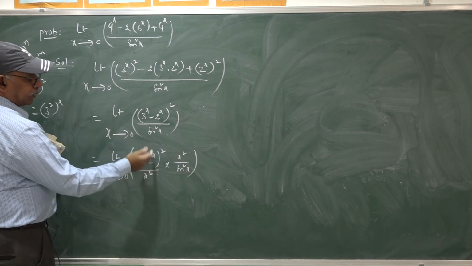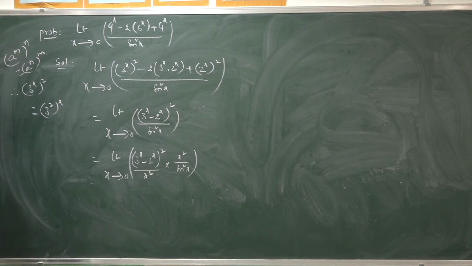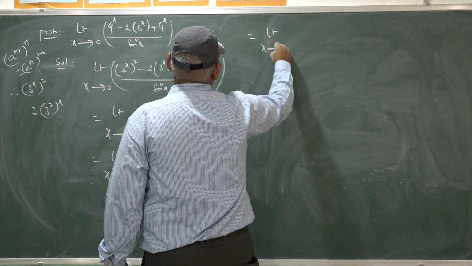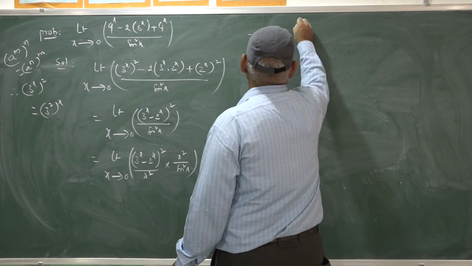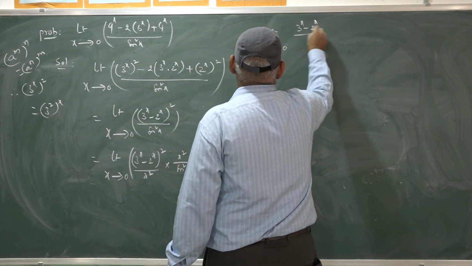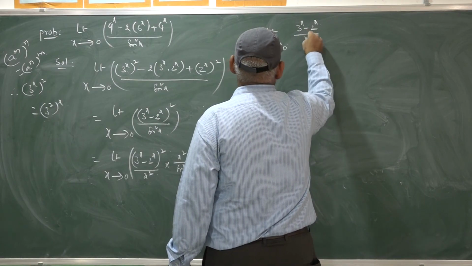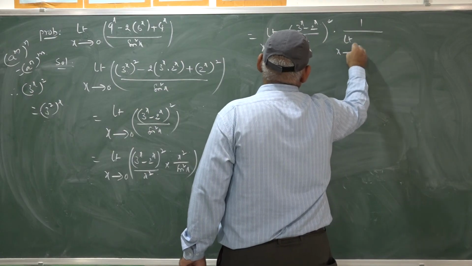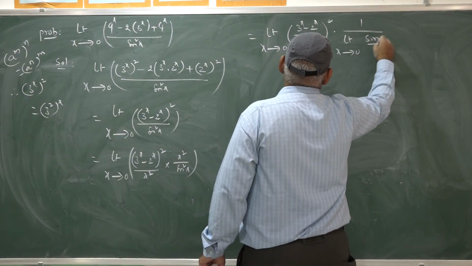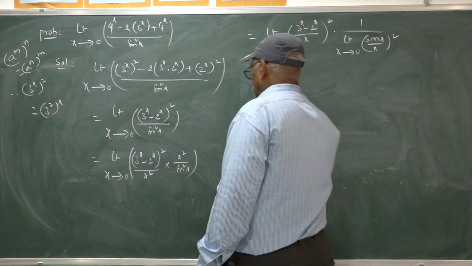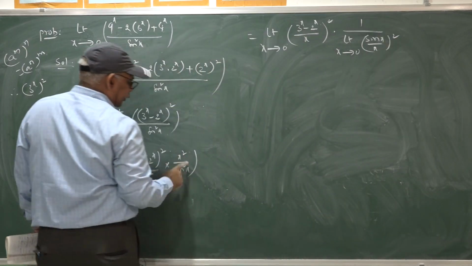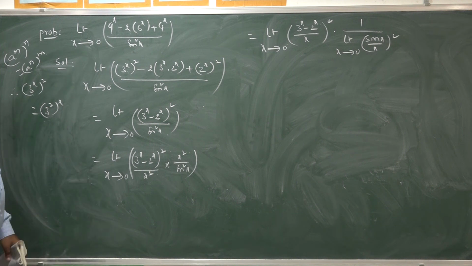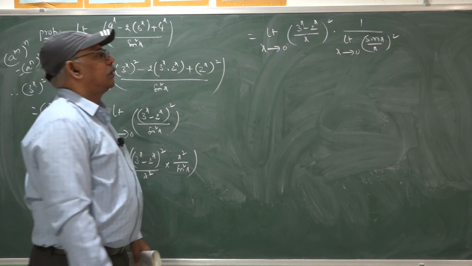Now, you can apply the limit as (3 power x minus 2 power x by x) whole square and 1 by (limit as x goes to 0 of sin x by x) whole square. The total limit may be written as the product of two limits.